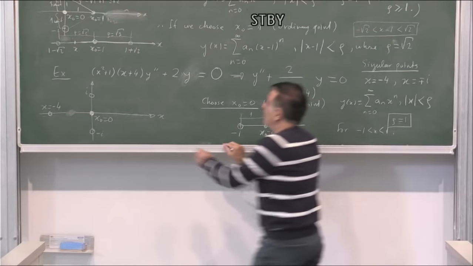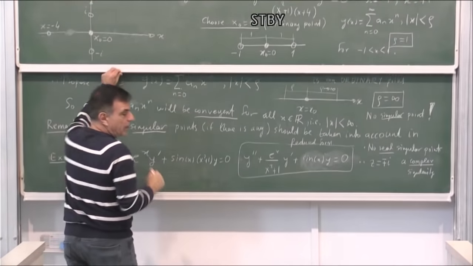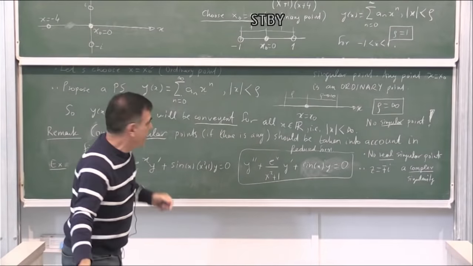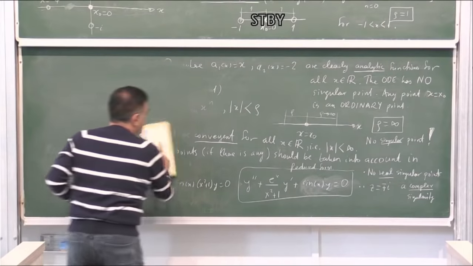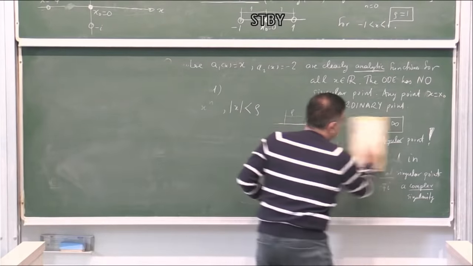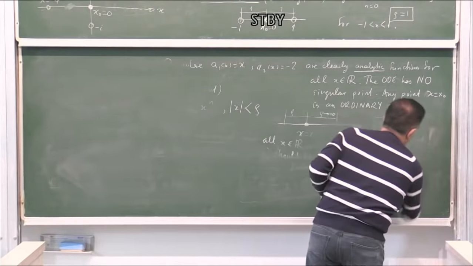Good? But if you choose another ordinary point, if you would like to expand the solution about any other ordinary point, such as if we choose, for example, x equal to 2, x0 equal to 2.